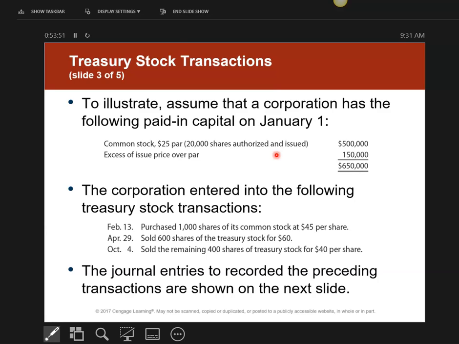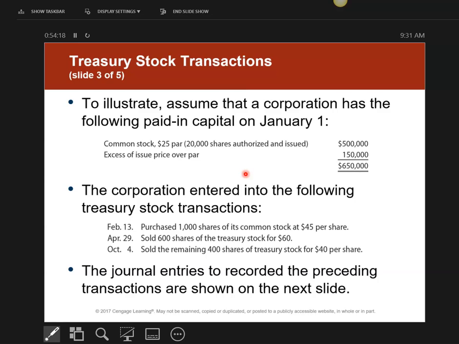Here's something else. You need to write this down. Just how only the par value times the number of shares goes in and out of the common stock, the same thing here. Only the amount I actually pay for this goes in and out the treasury stock account. Everything in excess or under goes into my paid in capital.